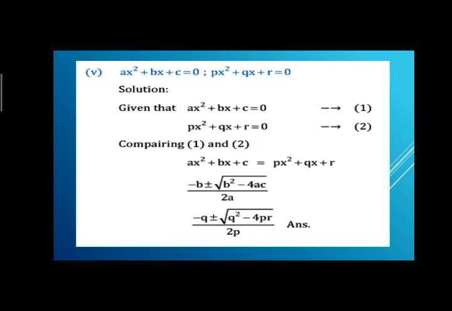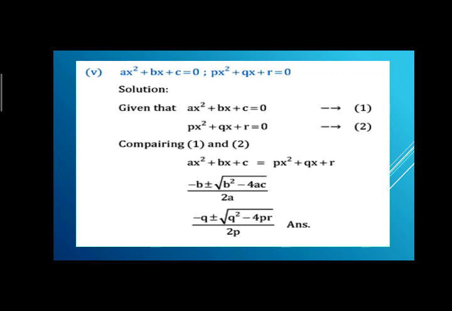For the first equation, ax square plus bx plus c, here a is equal to a, b is equal to b and c is equal to c. Now just put the values of a, b, c in the quadratic formula. Then the answer from the left hand side is minus b plus minus under root b square minus 4ac, divided by 2a. Now we find the value for px square plus qx plus r.